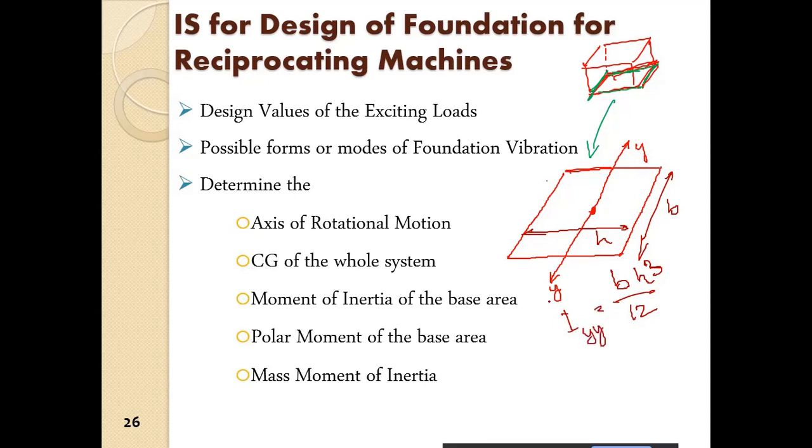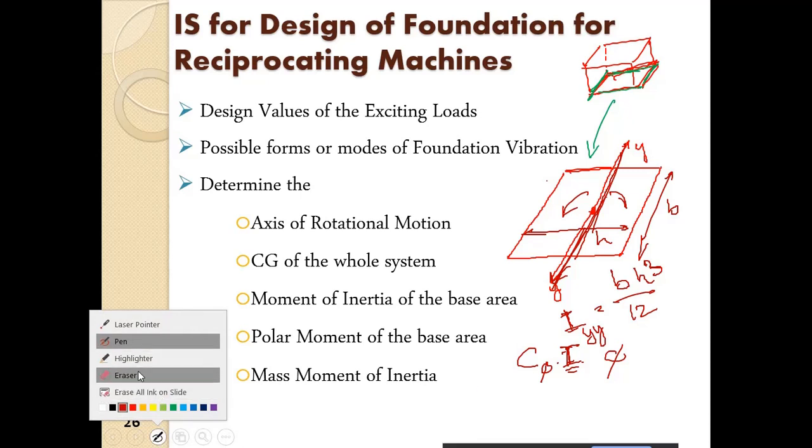This is about this axis. This is required when we have to find the forces due to non-uniform compression, that is C phi times I times phi, where phi is the angle of rotation. This I is the moment of inertia about this axis, since rotation is occurring about this axis.